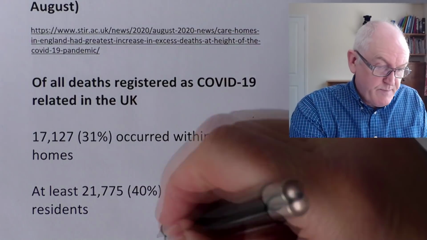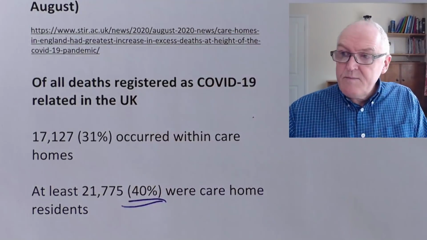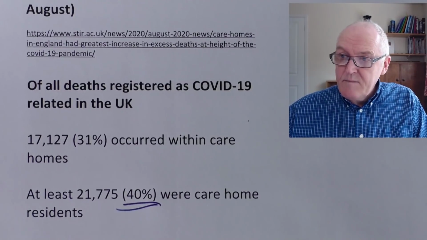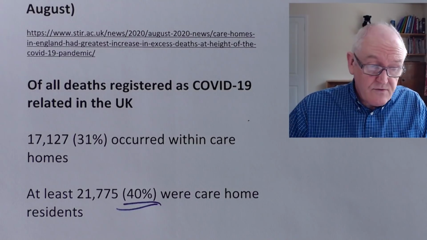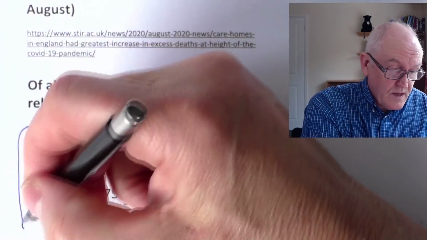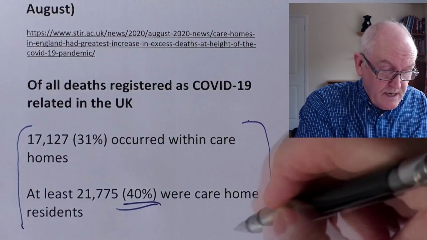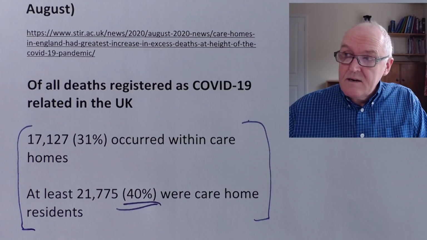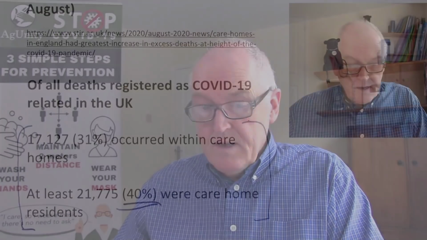So basically 40% of the people that died from COVID-19 at the height of the pandemic, and actually no, these are overall figures. This is overall, sorry. We're coming on to figures that are specific to the pandemic. These are overall figures. 40% of the people that have died in England have been care home residents. So a very high figure for care home residents.